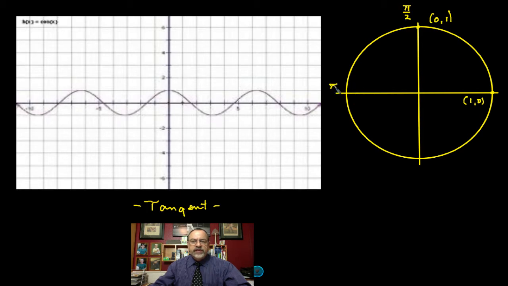This here is the angle pi, and the coordinate of this point is -1, 0. And as we rotate further, this is 3 pi over 2. The coordinate of this point on the unit circle is 0, -1. And then as we get back around here to 2 pi, we are again back at the point 1, 0.